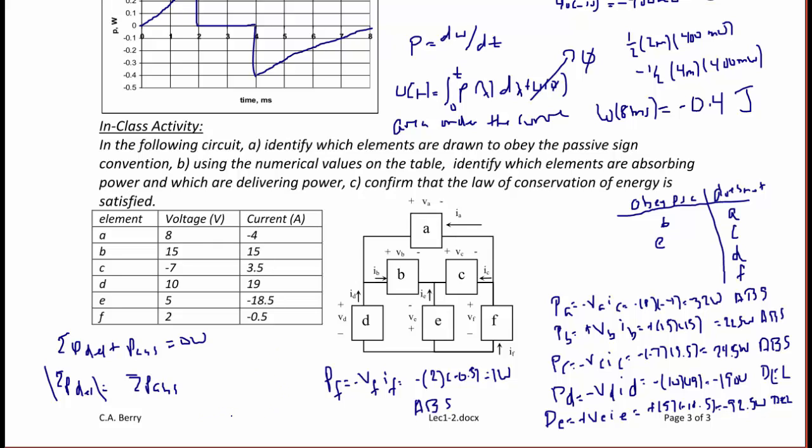So in this case, we're just going to add them all up, and we'll see here that we have 32 plus 225 plus 24.5 minus 190 minus 92.5 plus 1. And when we add all those values up, we see that they equal 0. So this basic circuit element does obey the law of conservation of energy.